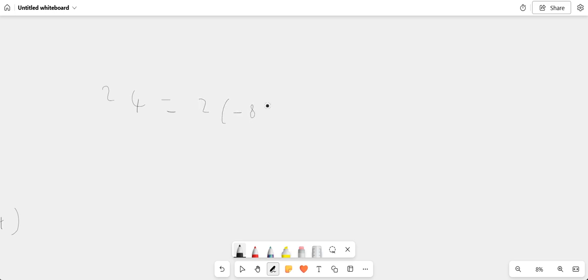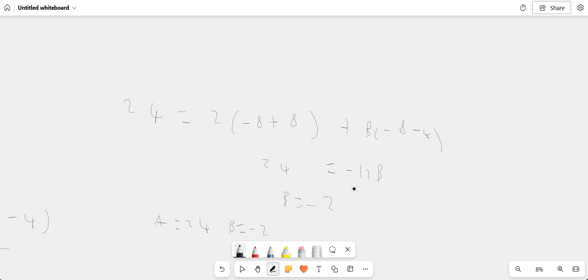Look, 2 open bracket minus 8 plus 8. That was before x plus 8, yeah. So now that's going to be 0, yeah. Plus b open bracket minus 8 minus 4. That's obviously equal to minus 12b. So 24 is equal to minus 12b. So b is equal to minus 2, yeah. Alright, cool. So a is equal to 24 and b is equal to minus 2. That's the answer.